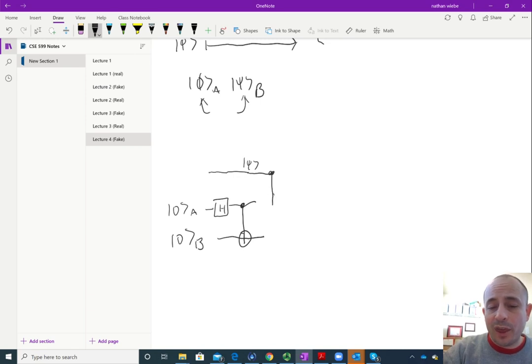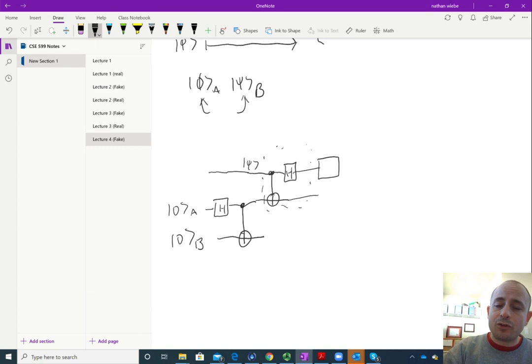Alice does a controlled NOT operation down onto her qubit. Next, she performs a Hadamard gate, so it looks like the inverse of this preparation circuit up here. Then what Alice does is she measures.